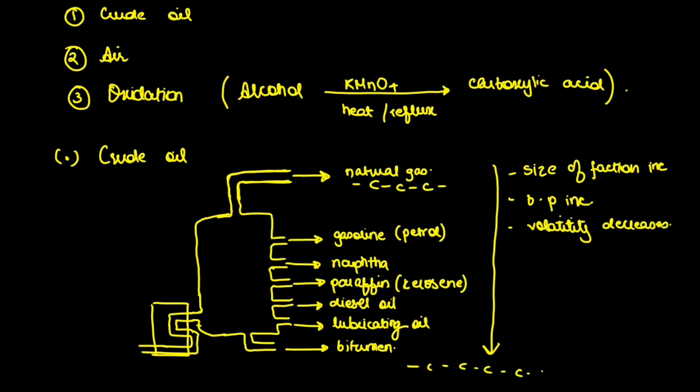Alright, so what happens is that I enter the crude oil from here and I heat it in a heater. It starts to evaporate, and then there are cooling jackets here in the fractionating column, set at different temperatures, each according to the boiling point of the substance. Now this portion will be at a lower temperature as compared to this one. Why?